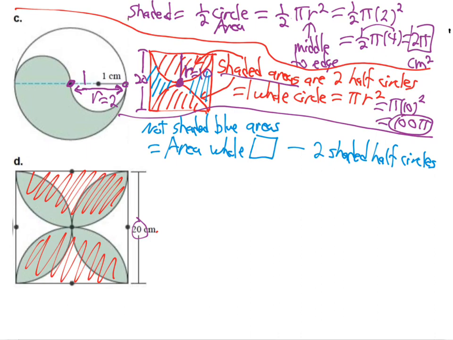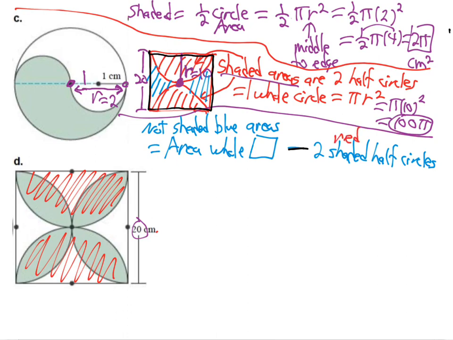I'm hoping that makes sense to you. We're taking the area of the whole square, and then subtracting the two red shaded half circles.